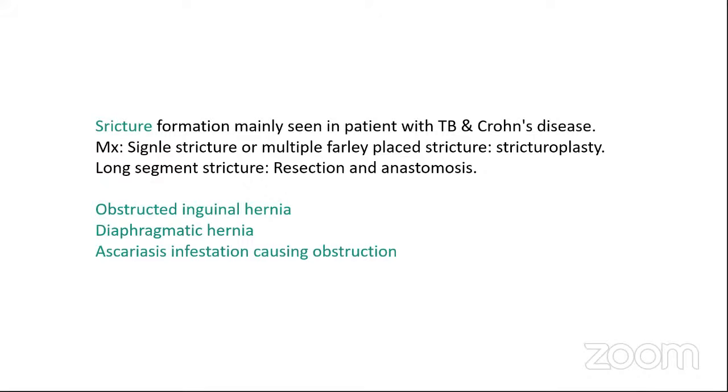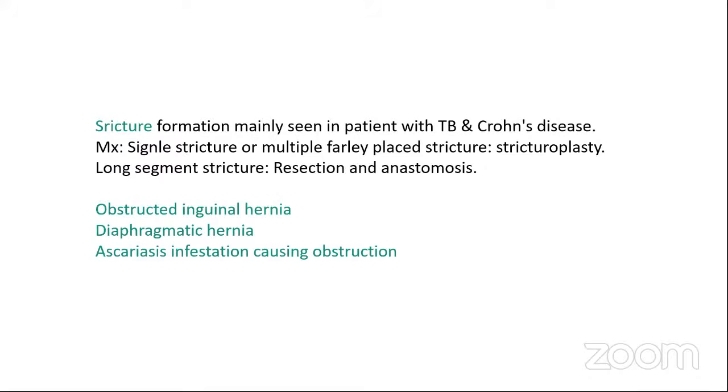In case of worm infestation, if perforation or peritonitis has settled down, we have to do resection and anastomosis if the bowel is not viable, and we have to remove all the worms from the perforation site as much as possible.